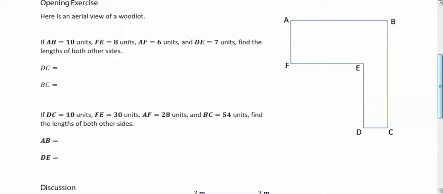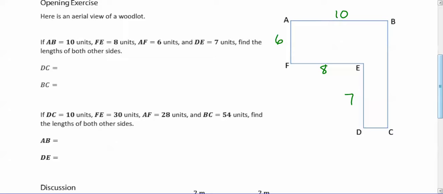So we have to essentially break it into pieces that we know, okay? But before we do that, we need the side length. So AB is 10 units, so we're going to label AB 10. FE is 8. It says it right here, okay? And then AF is 6, and DE is 7.